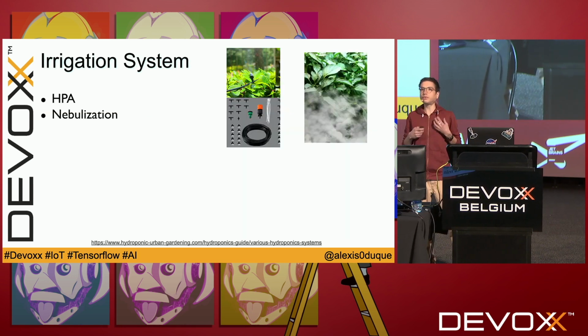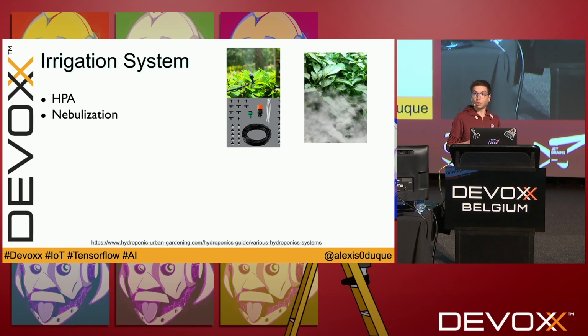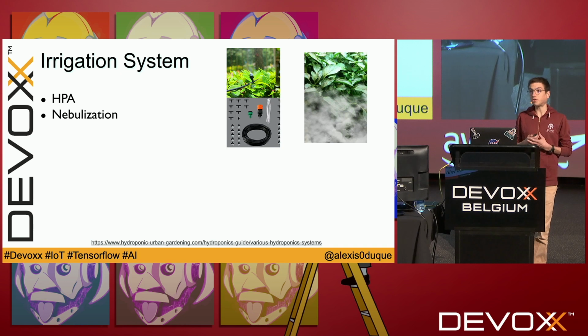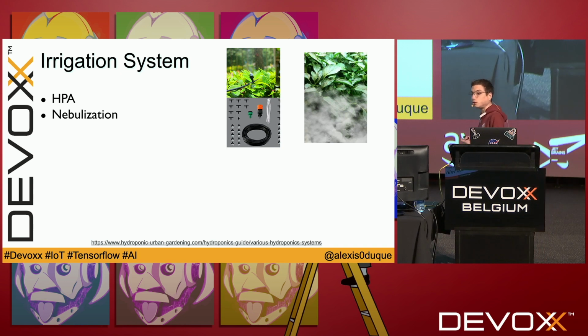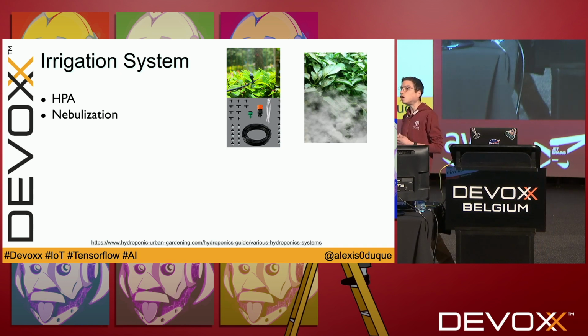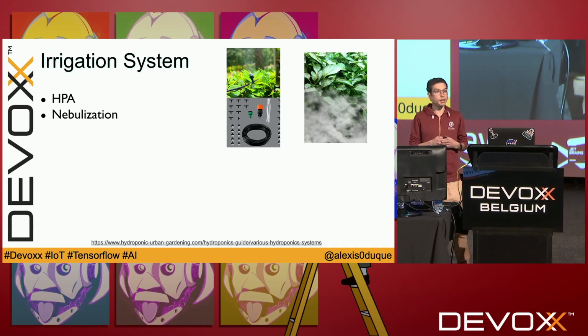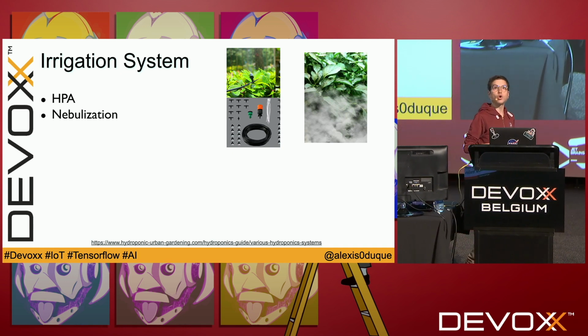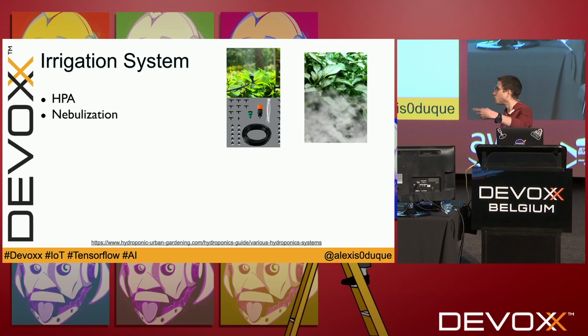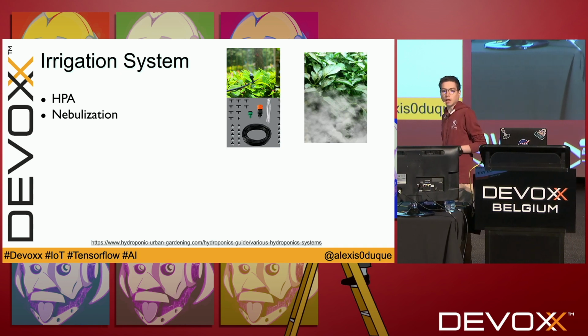We also implement different kinds of irrigation systems that definitely affect the performance of the growth of the lettuce. The first two are what we call aeroponics. It's HPA, or high pressure aeroponics, and nebulization that creates a kind of fog, as you can see on the picture.